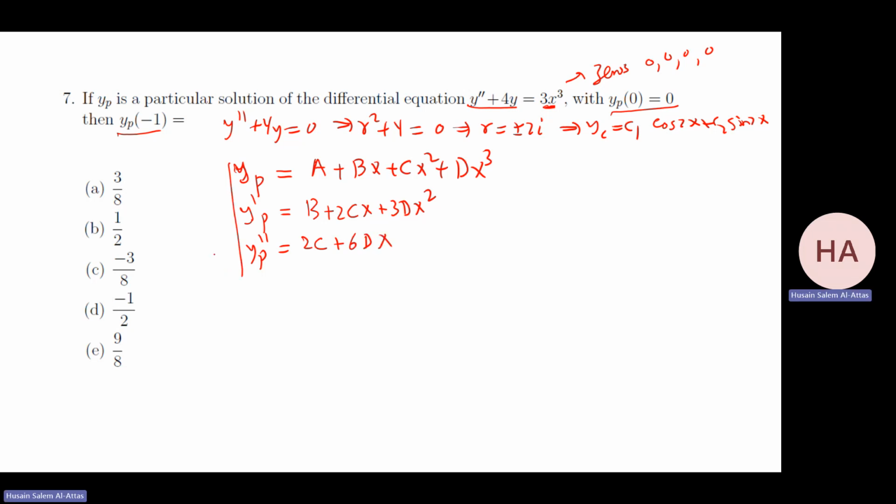I need to multiply this by 1, this by 0, and this by 4. So you have y_p double prime plus 4y_p. That will be what? 2C plus 6Dx plus 4A plus 4Bx plus 4Cx squared plus 4Dx cubed. That should equal 3x cubed.